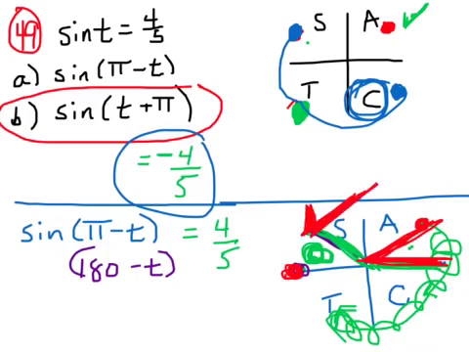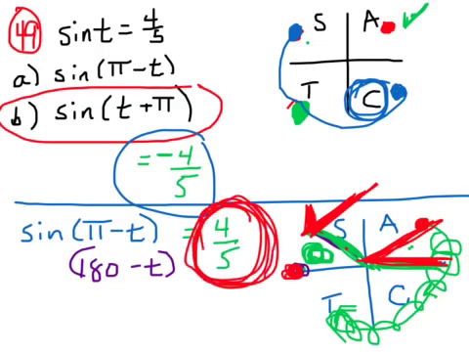You have to think a little abstractly here; maybe putting a number with it is more helpful. So no matter whether I started in the first quadrant or the second quadrant, when I subtracted it from 180 degrees, the resulting angle was still in the first or second quadrant. So this is actually going to be a positive 4/5.